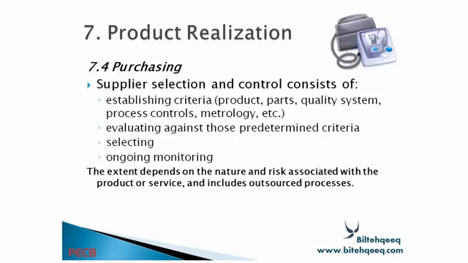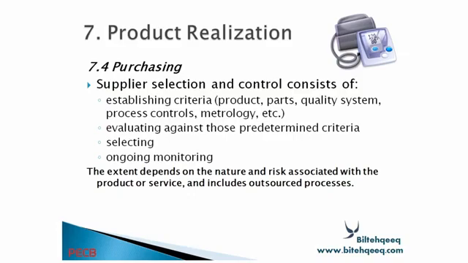The next clause is related to purchasing. It is the same as ISO 9000. Even the clause number is the same, 7.4. Purchasing, supplier selection and control consists of establishing criteria, such as product parts, quality, system process control, methodology, etc., evaluating against those predetermined criteria, selecting, and ongoing monitoring.